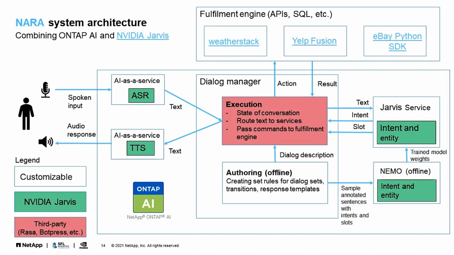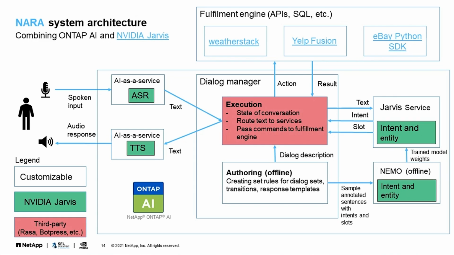In this case, the Jarvis natural language understanding service will parse the intent and entity. So it returns the intent, for example, if it's a weather inquiry, or an inventory check, or checking points of interest, with slots. So that would be the keywords or key phrases. And then it will pass these commands to the fulfillment engine.